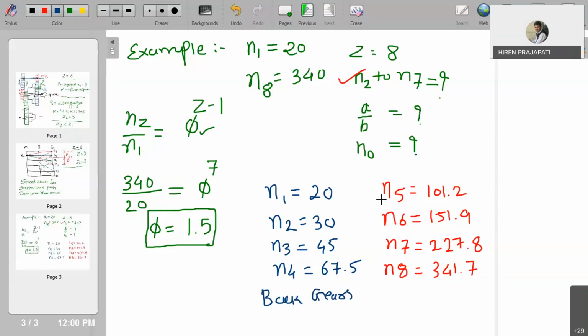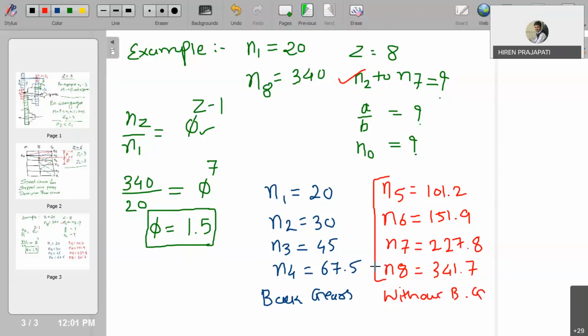And the highest 4 RPMs, those we will get using the pulley without back gears, only by using the pulley. So we need to consider a step cone pulley with 4 steps, right? Because we want 4 speeds using pulley drive, N5 to N8.